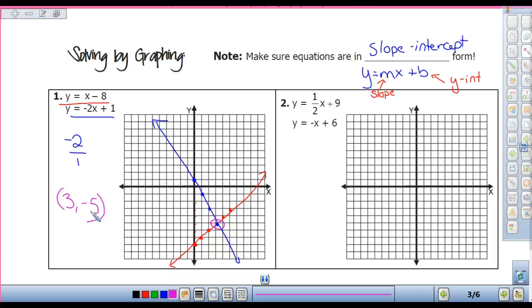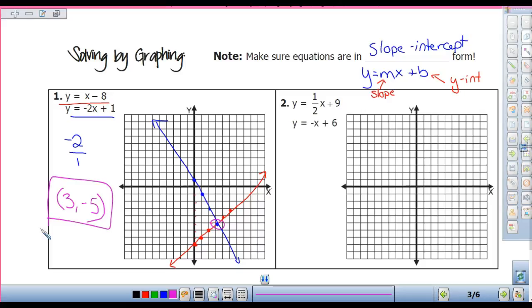Okay, so you see why your lines have to be kind of straight on these to see where they intersect? So my solution that we're looking for is 3, -5. So far, so good?